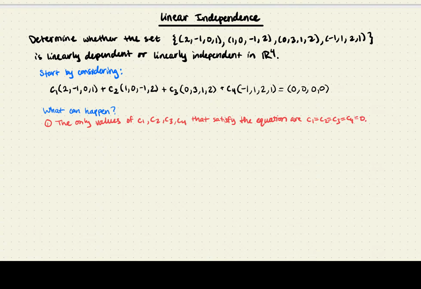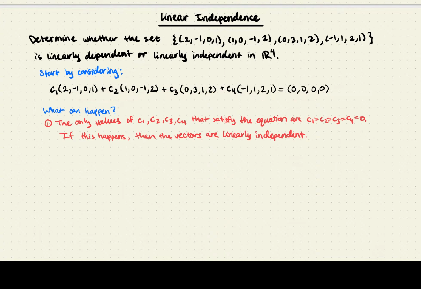That's one option. If this happens, then the vectors are linearly independent. Meaning I cannot write any of these vectors as a linear combination of the others. If I could, then there would be non-zero scalars that would allow me to combine these in a way that I would get the 0 vector.